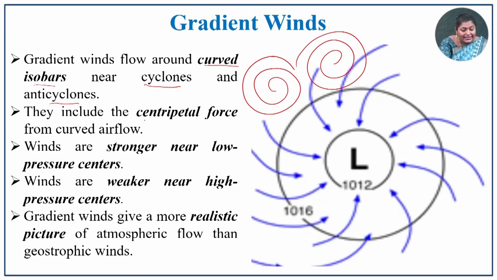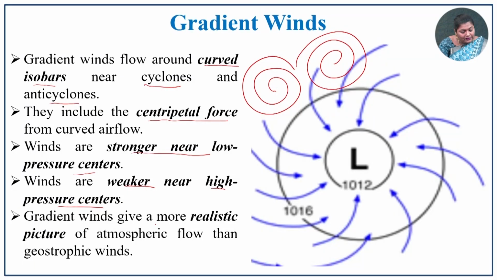They include the centripetal force from the curved airflow. So, the winds are strong near the low pressure center and weak near the high pressure center. If it is low pressure, the wind will be much stronger, and if it is a high pressure region, the wind will be somewhat weak in the gradient winds.